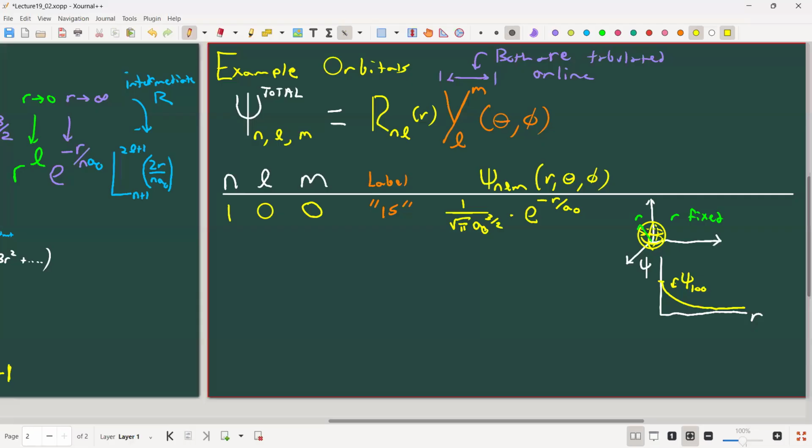So as the electron becomes more probable, the shell that it exists in becomes darker and more opaque. And so that's what this wave function looks like. It looks like a sphere, but it exists at all distances r. It's just a continuous spherical distribution that becomes less and less opaque as you go away.